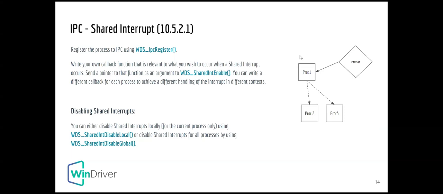Now we want to raise an interrupt. We know that raising an interrupt is an important feature when we're talking about PCI devices. And once we have a group where only one application is connected to the device, we want to be able to perform operations, including raising an interrupt, with the other applications that are not connected to the device.